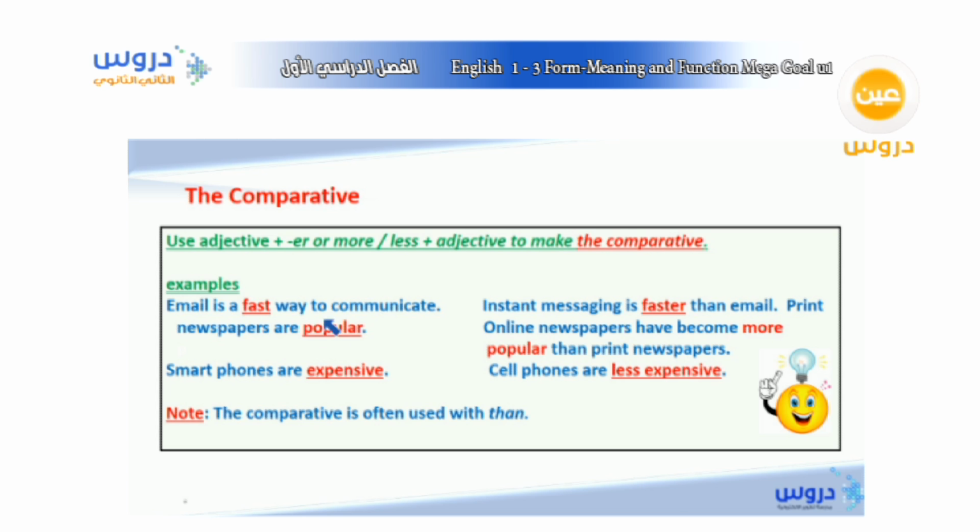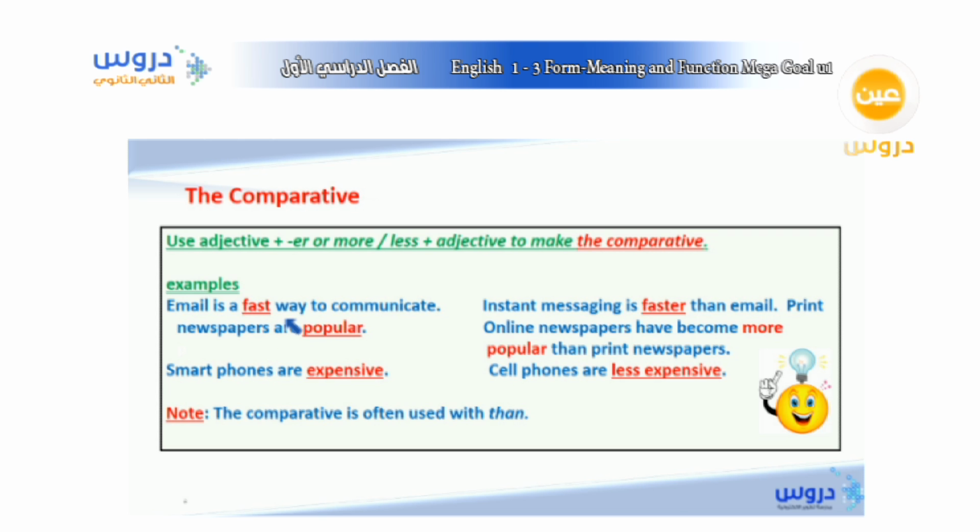Newspapers are popular. Here, instant messaging is faster than email. Print online newspapers have become more popular than print newspapers. The third example, smartphones are expensive. Cell phones are less expensive.